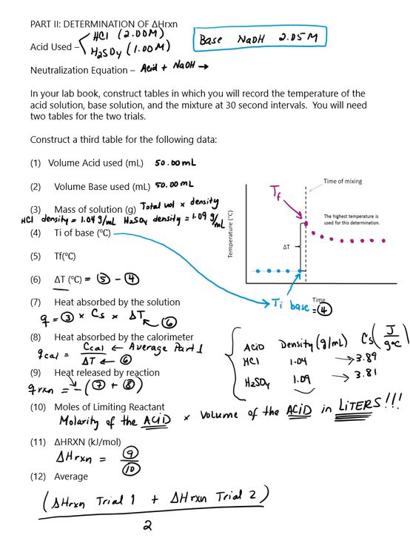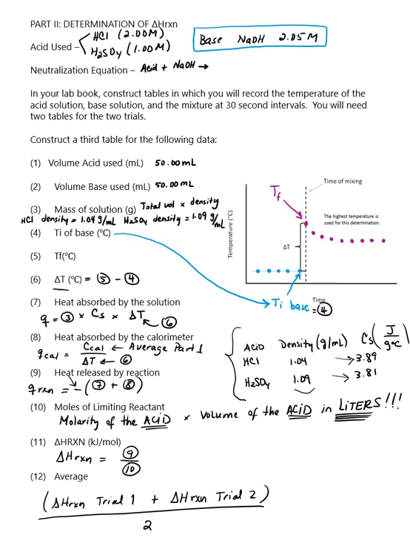And now for number 11, what you have to do is divide your heat for the reaction, the one that you're calculating in number 9, by the number of moles of your limiting reactant, which is what you're calculating in number 10. That's how you calculate the change in enthalpy for your reaction.